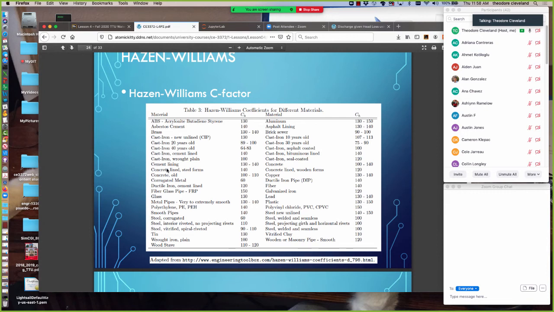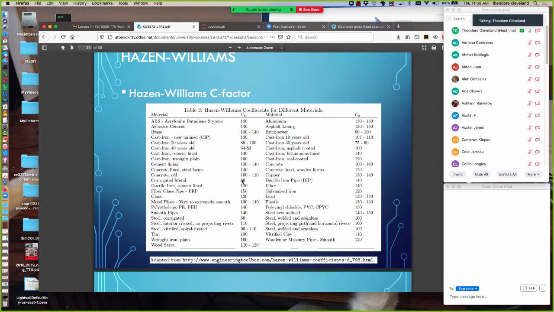But for instance, if we have a pipe made out of glass, the Hazen and Williams coefficient is 130. And this is how it's determined. There's no viscosity, so to speak. It's already been incorporated into the loss coefficient. And you'll see as the numbers get smaller, the loss actually increases.